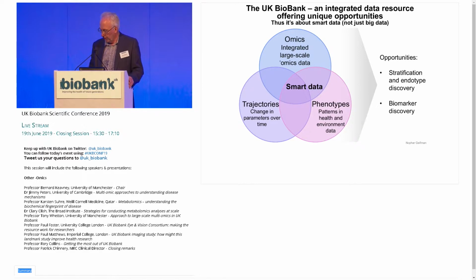In respect of what we can do here with omics and UK Biobank, we can take this data, we can take the phenotypic data where possible, and we can take trajectories, and that gives us this smart data which enables biomarker discovery to a far greater degree because of the sheer size of the cohort.